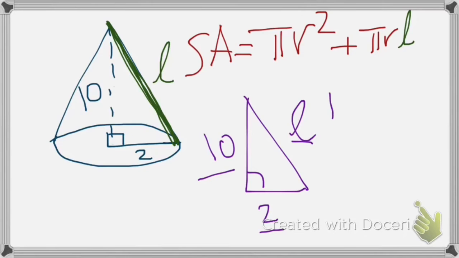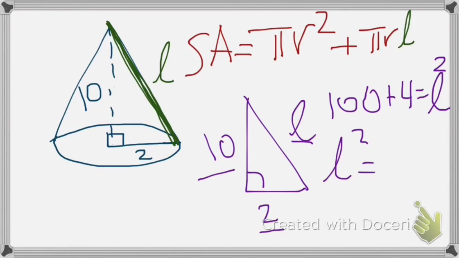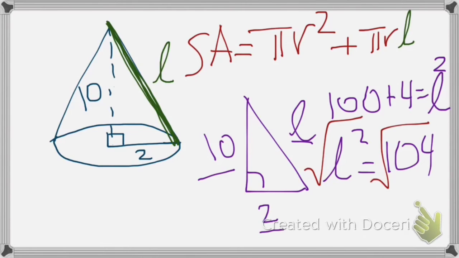So 10 squared is 100, 2 squared is 4, so L squared is going to equal 104. Again, if we want to get L by itself, we remember to undo a square power, we square root it. So the slant height would be the square root of 104, whatever that is.